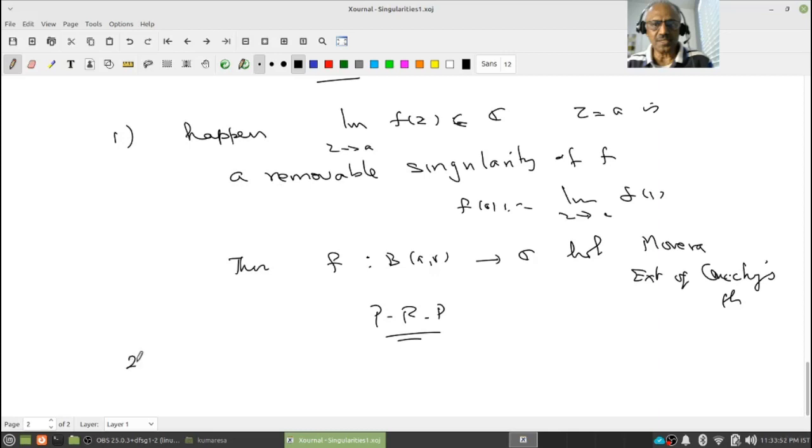And if 2 happens, that is the limit z tends to A of f(z) is infinite, then we say z equal to A is a pole of f.